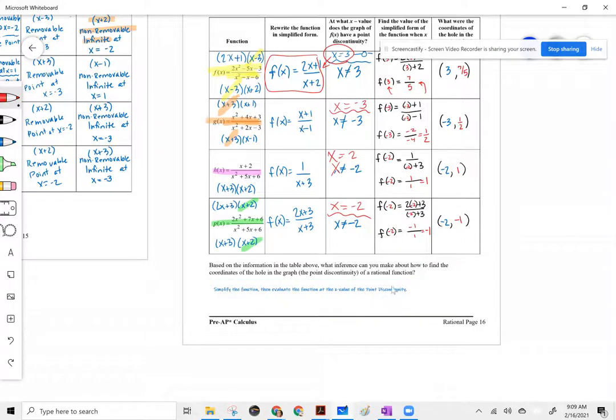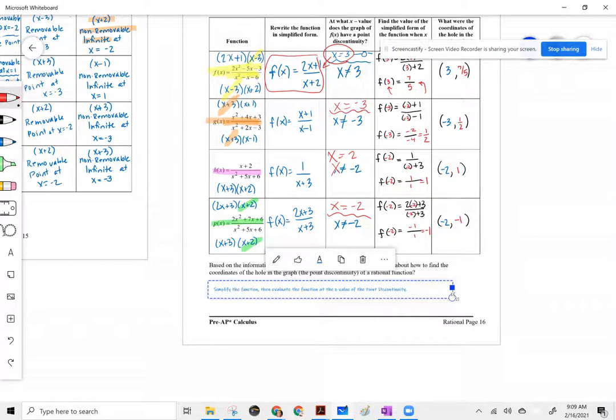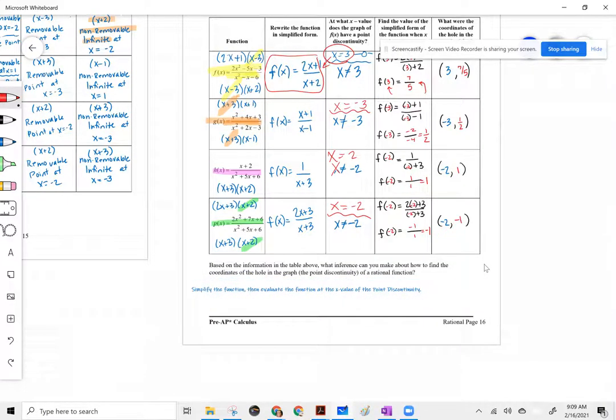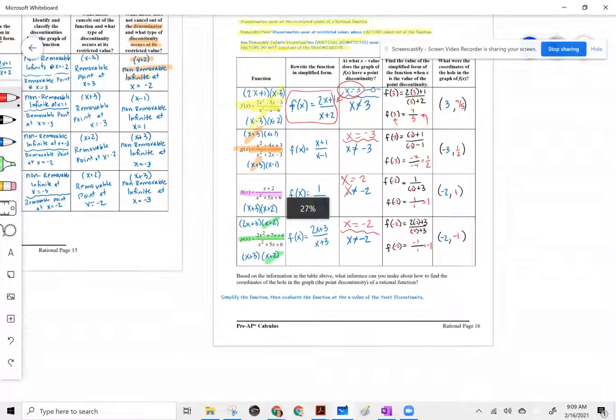That is important to make sure that you understand how to find the coordinates of the hole. Okay, and I believe that is it.